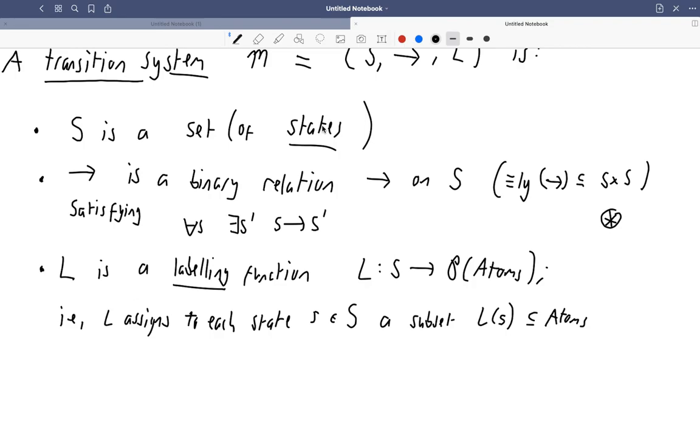I suppose the only thing I'm missing out of here is that, of course, we call this the transition relation. So again, let's put that in brackets because it's just what we're calling it. So this is the transition relation.